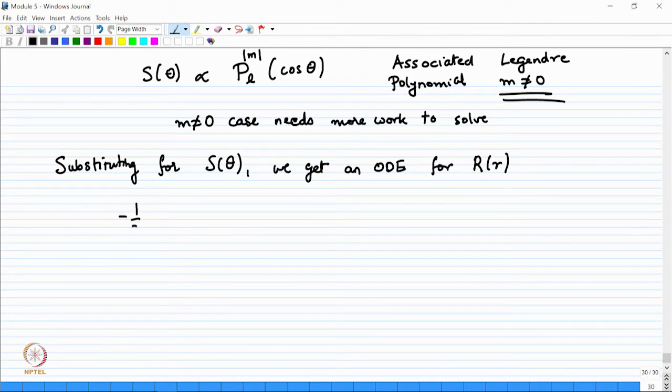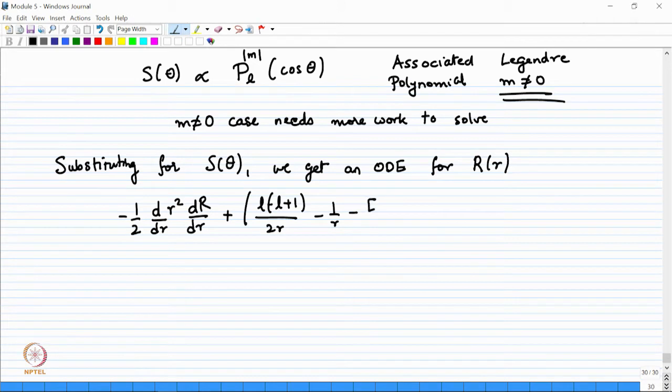I will just write minus 1 by 2 d by dr of r square dR by dr, plus L plus 1 divided by 2 r, minus 1 by r, minus E times R equal to 0. Now you can expand this and you can clearly see that this is a second order ODE in r.